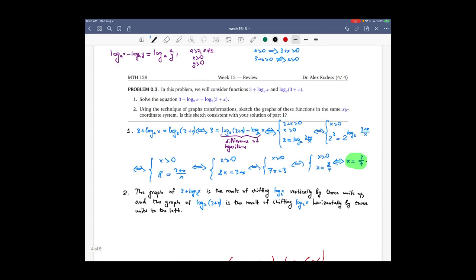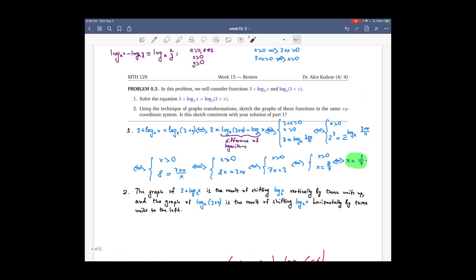And one more time, when you solve logarithmic equations, make sure not to forget to keep track of the conditions that ensure that all the logarithms involved in your equation actually exist. That's very important. If you don't do that, you might get some extraneous solutions. This problem is now over.